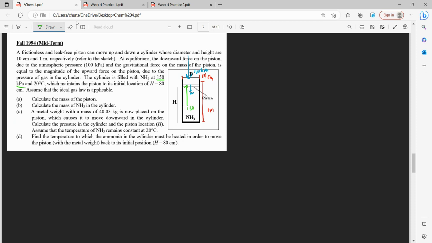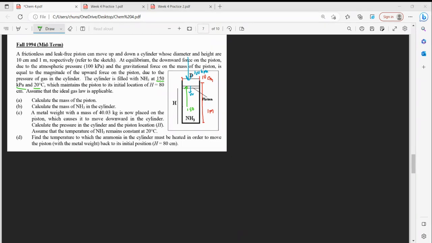All right, so it's filled with ammonia at 20 degrees Celsius, which maintains the piston at its initial location of 80 centimeters, height of 80 centimeters. So let's calculate the mass of the piston first.